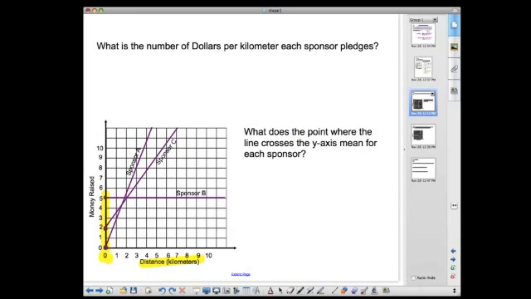Well, sponsor A says, if you don't travel, I'm not going to give you any money. Sponsor C says, if you don't travel, I'll give you $2. And sponsor B says, I'm going to give you $5 from the start, whether you travel or not. So this information at the y-intercept on the y-axis is important for certain types of data sets.